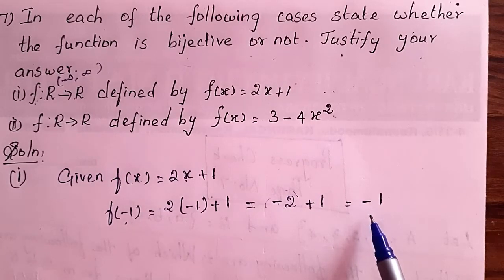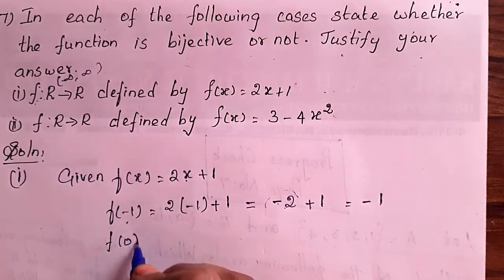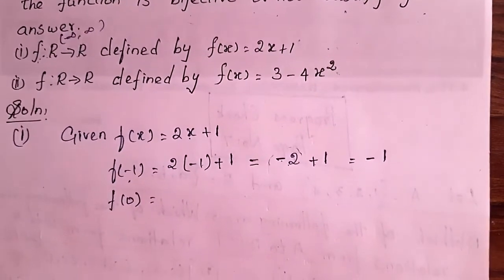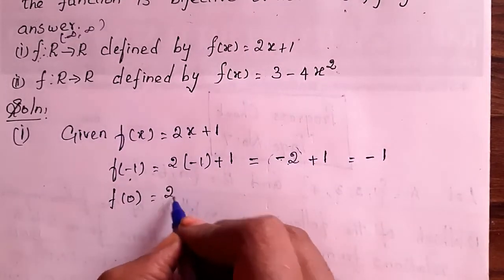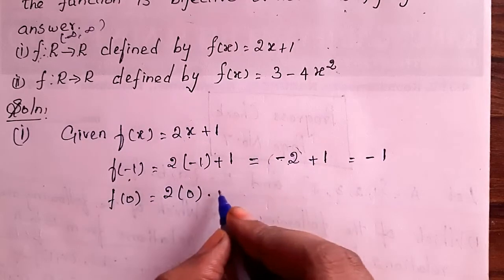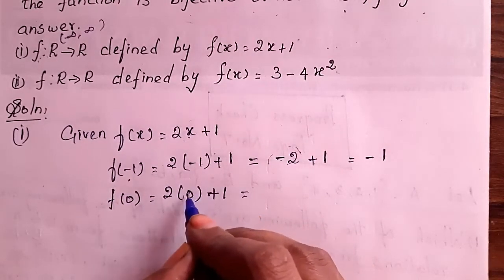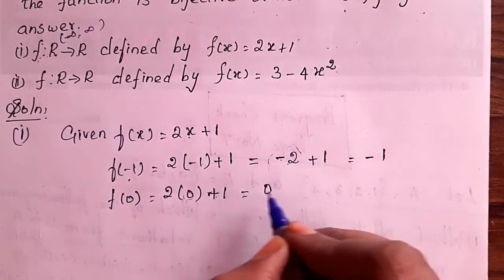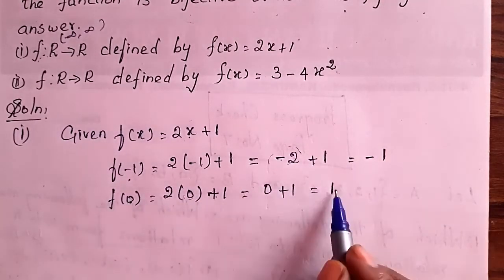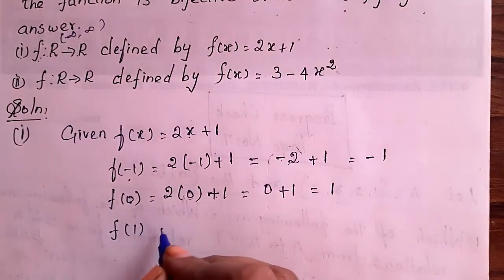Okay. Then we can find out 0. f of 0. As you wish, you can take any value. I am taking only a few values. So 2 into 0, in the place of x I put 0, plus 1. That is equal to 2 into 0. Any number into 0 is 0. Then plus 1. That is equal to 1. So when you take 0, it goes to 1. Then f of 1, I am taking the number 1.